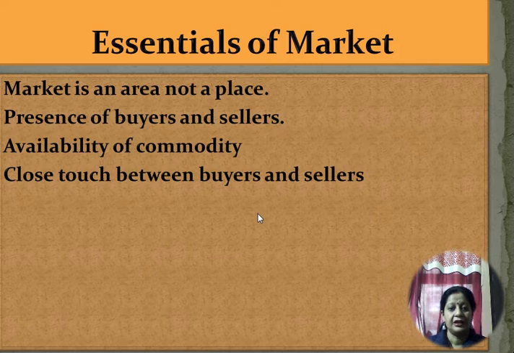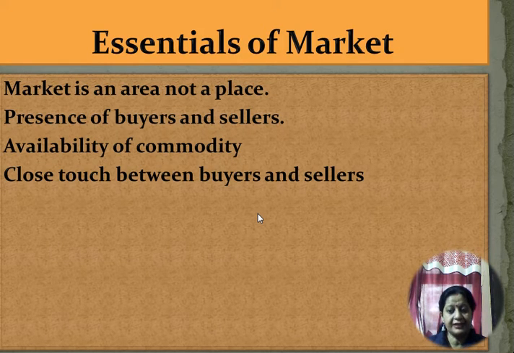Essentials of market. What are the things that help a market to become a market? First, market is an area, not a place. Second, presence of buyers and sellers. If there is an area and in that area there are a number of buyers and sellers, then that area is known as a market. Third, availability of commodity.